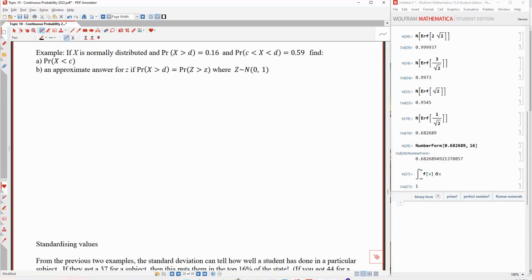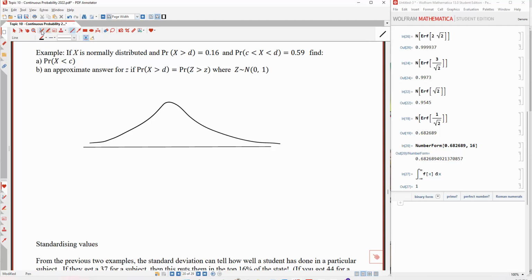Okay, let's try this one. If X is normally distributed and the probability of X greater than a particular number is 0.16. So again, I'm going to draw this now. So grab a line and just draw a fairly dodgy normal distribution curve. So 0.16.